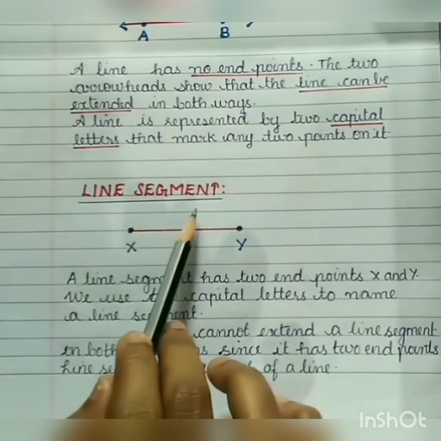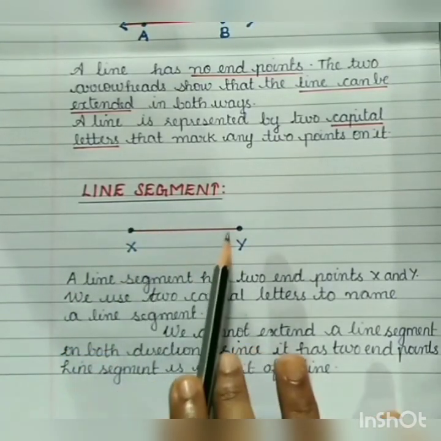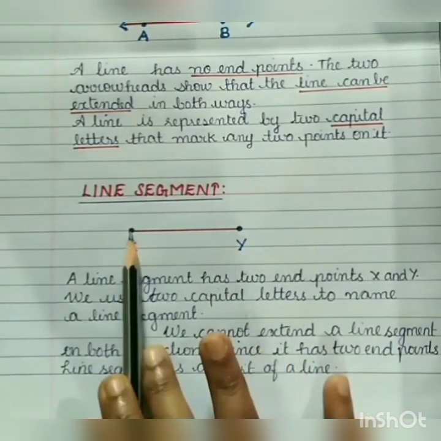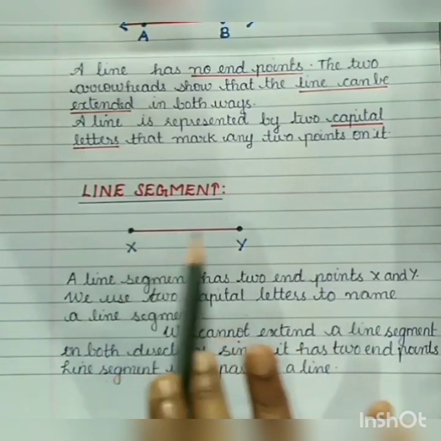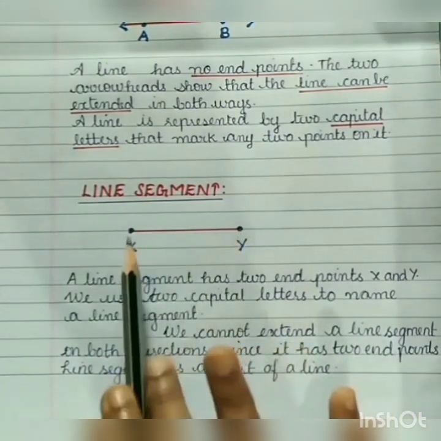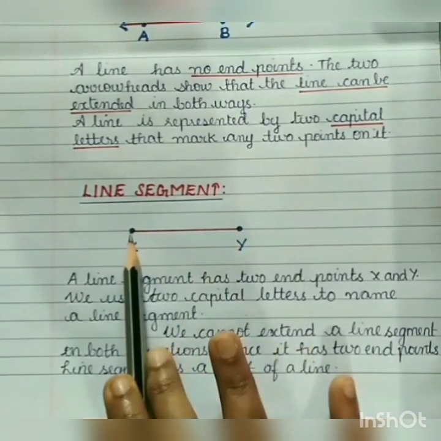Next one is line segment. Children, look at this picture. This is a line segment. Can you see 2 points at the end of this line segment? These 2 points are called endpoints.